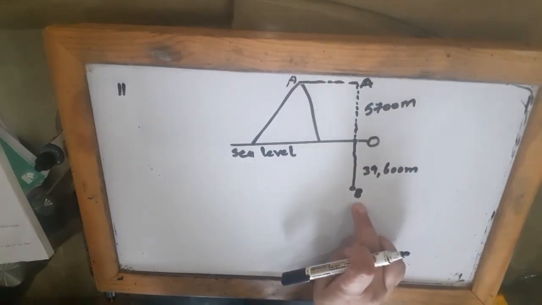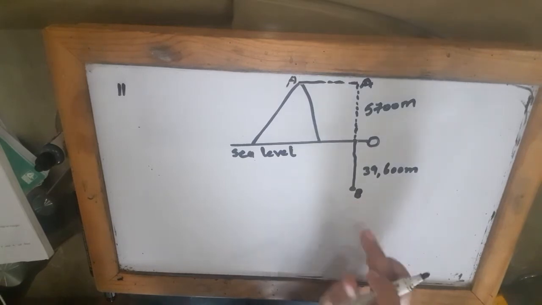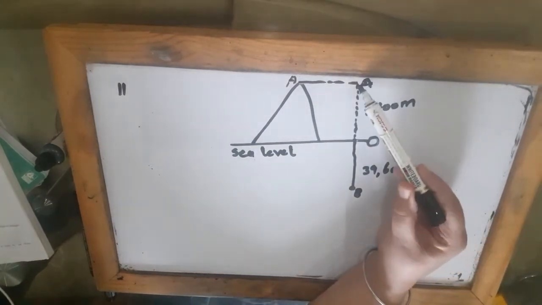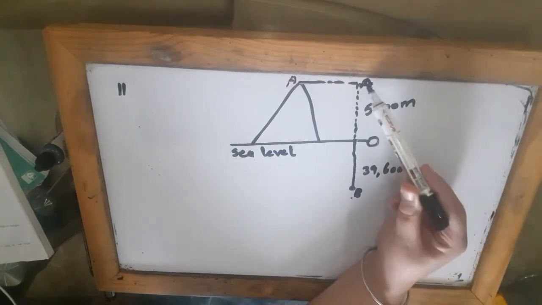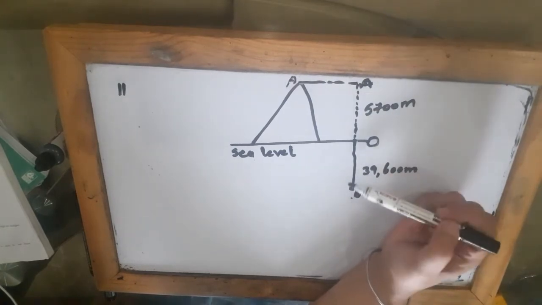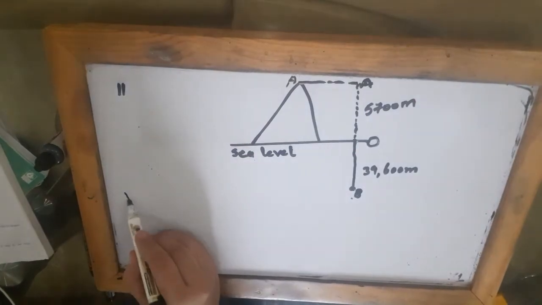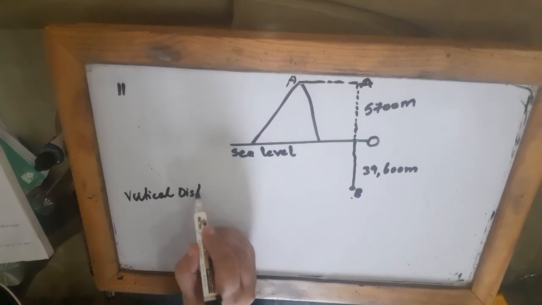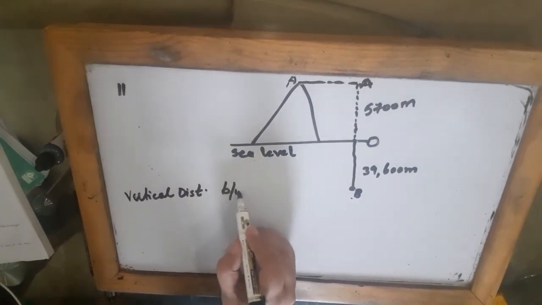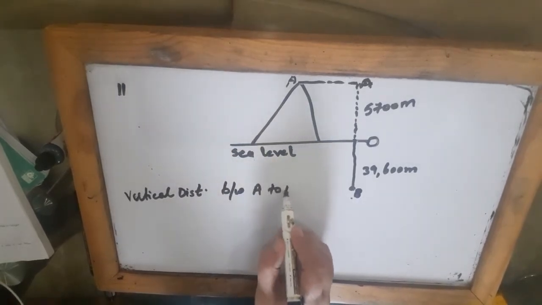Find the vertical distance between A and B. So I have to find the distance. Vertical is this distance. From A to B I have to find the distance. Now the vertical distance between A and B will be how much?